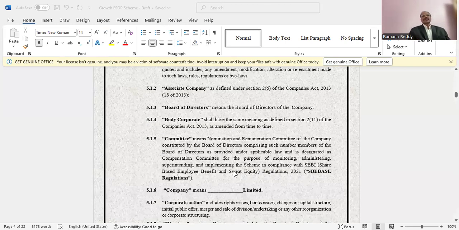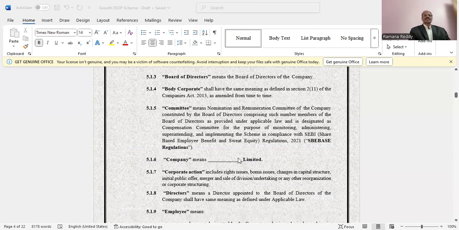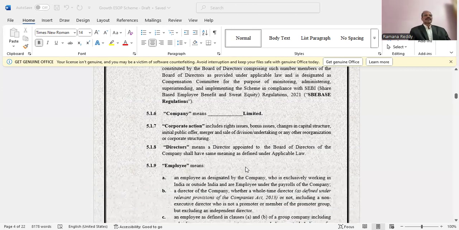Committee means the nomination and remuneration committee, which will be appointed as the compensation committee. Company means your company name. Corporate actions include rights issue, bonus issue, any change in the capital structure, IPO, mergers, amalgamations, and any reorganization or restructuring of the corporate. These are all called corporate actions.